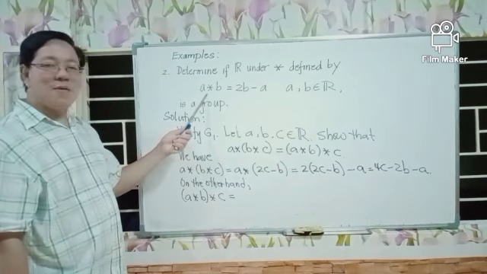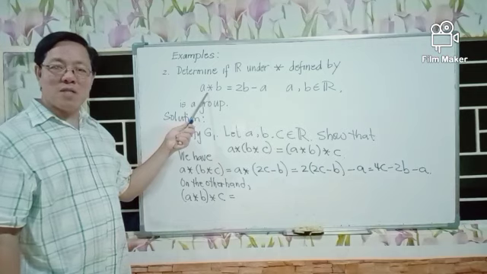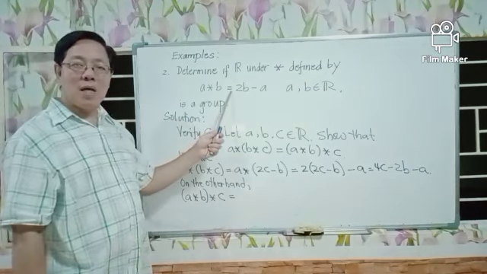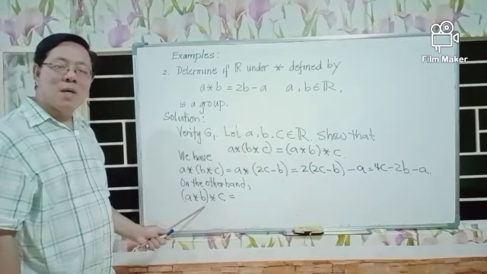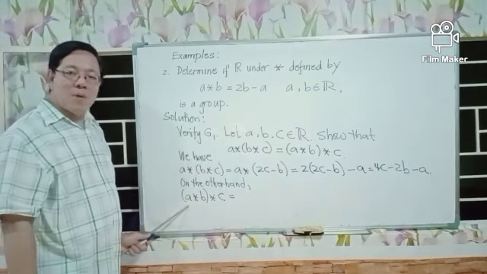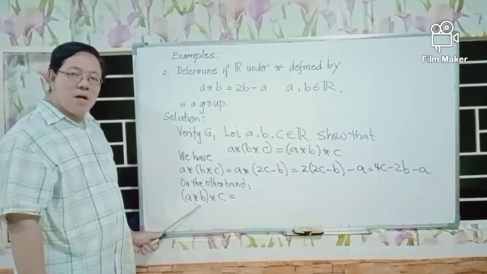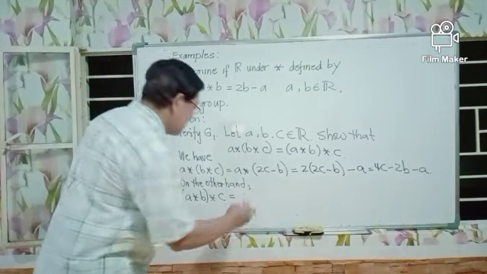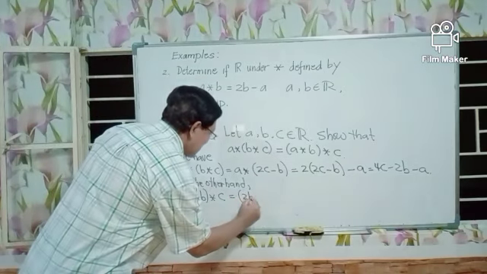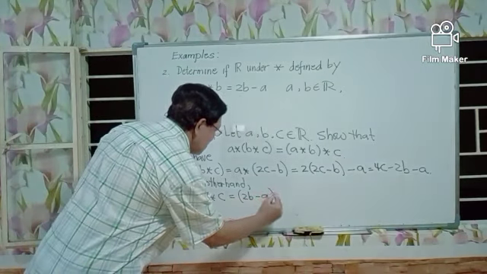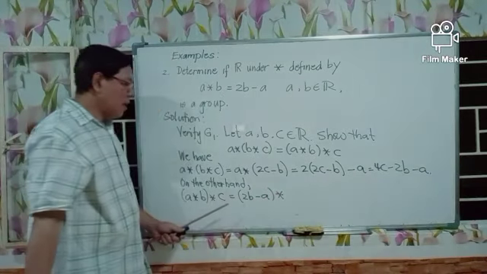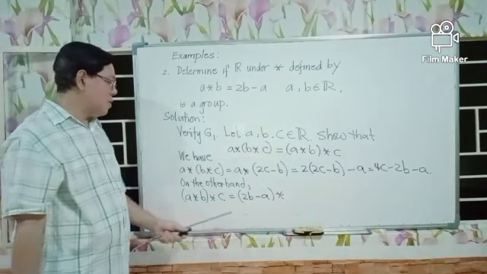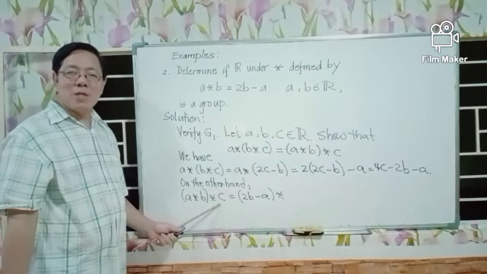And using this definition of the binary operation star, a star b is equal to twice the second real number minus the first real number a. Hence, a star b is 2b minus a.